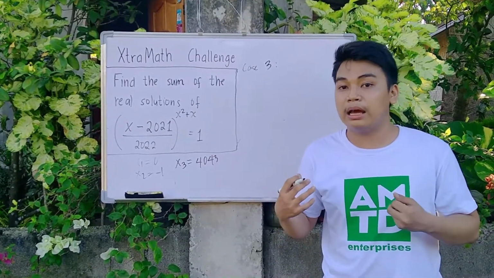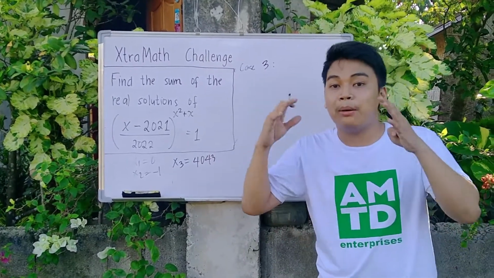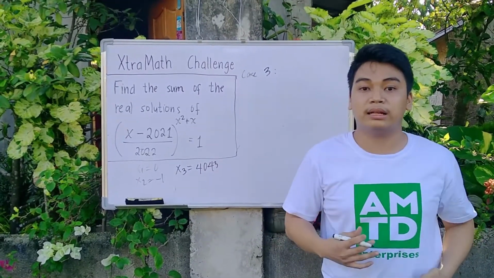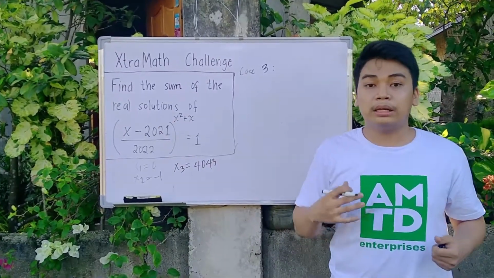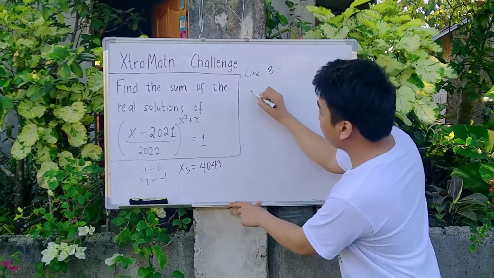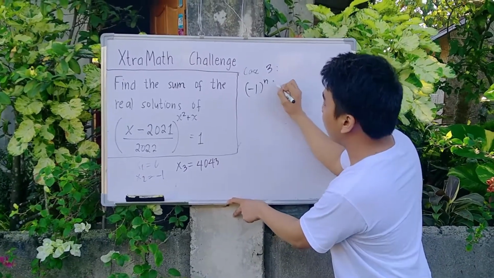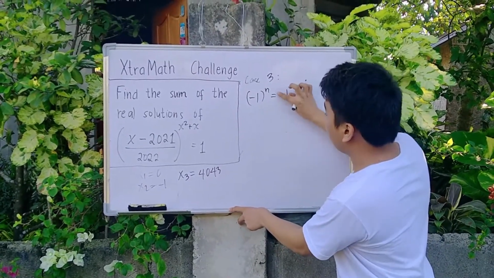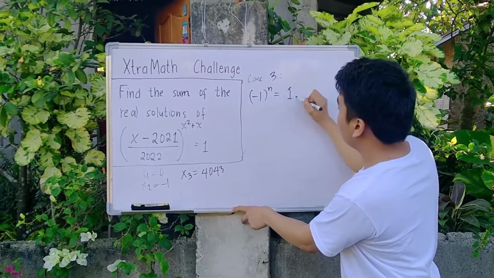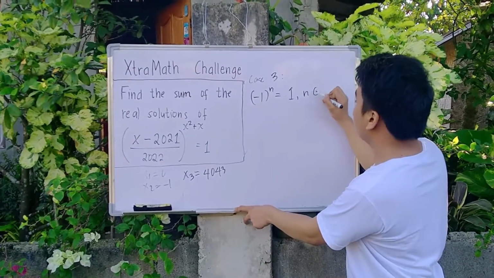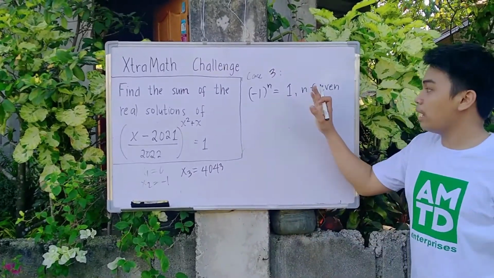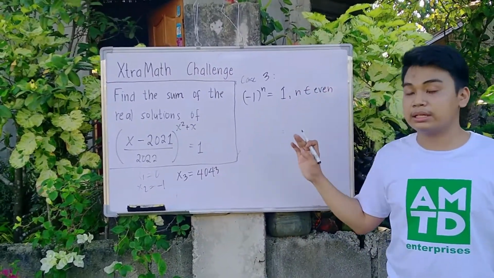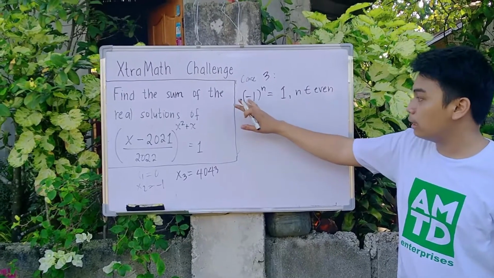Kasi kapag odd yan, -1 raised to the power of odd is equal to -1. That's why yung exponent dapat natin is even. Or -1 raised to the power of n is equal to 1 if n is an element of even integers.